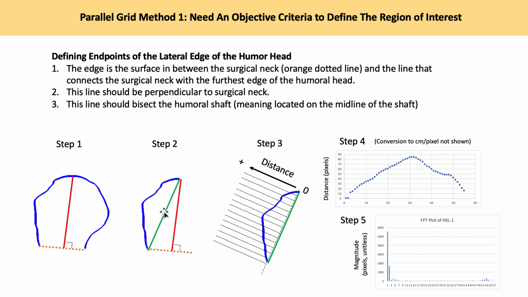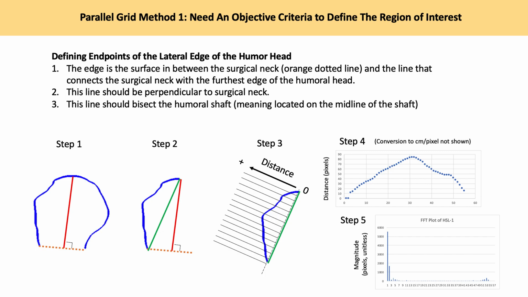As you see in step 2, the orange and red lines determine the endpoints of the shape of interest, this lateral face of the right shoulder, and the green line can serve as the baseline for our grid system. This method allows us to objectively extract the same lateral surface of every single patient.